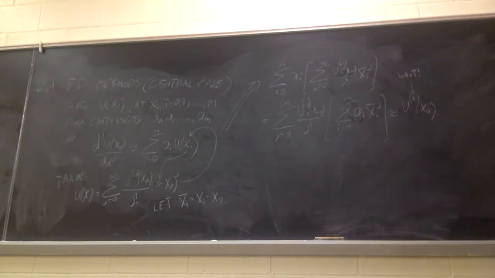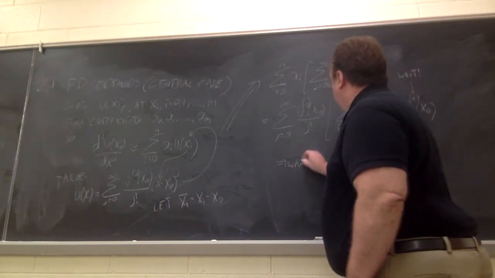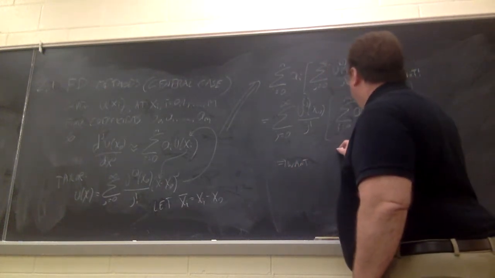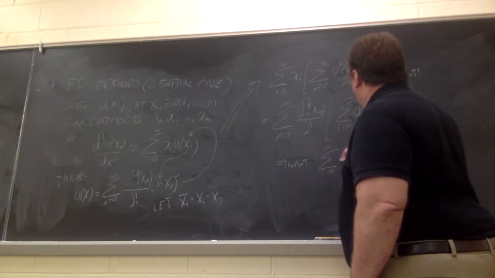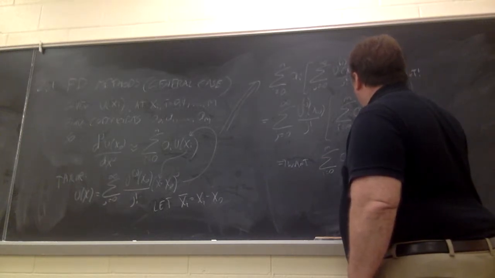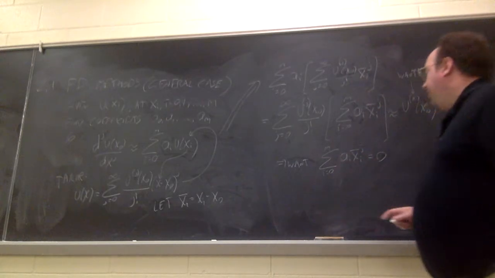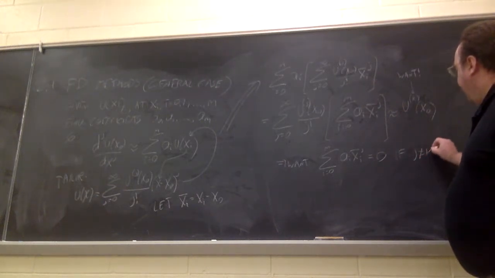So in other words, I want this sum of a_i xi bar to the j to be equal to 0 if j is not equal to k.